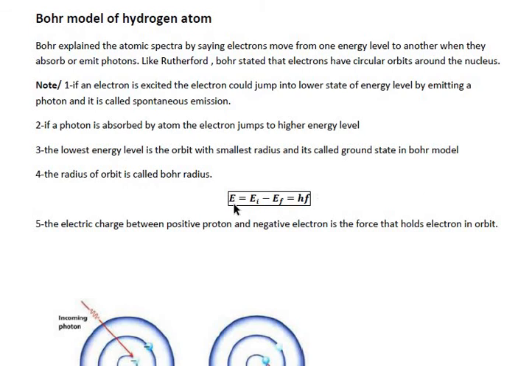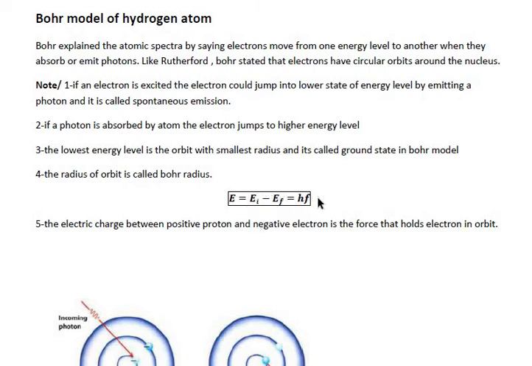We can use this rule to determine the energy for an electron to jump from one state to another. We have the total energy equal to the initial energy minus the final energy, and that energy as a whole is equal to hf.